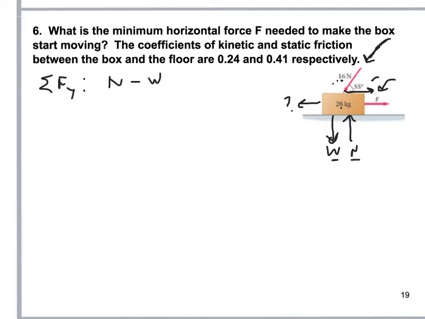Notice that this force right here is an applied force, and so is this one. We're just going to call this an applied force in the y direction, and notice that it's also negative because the arrow is pointing down.